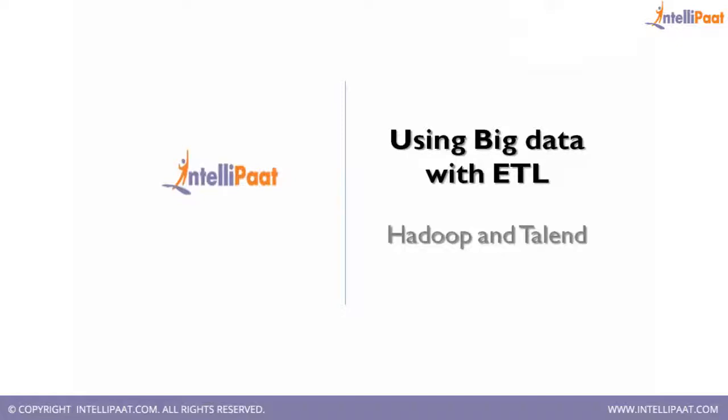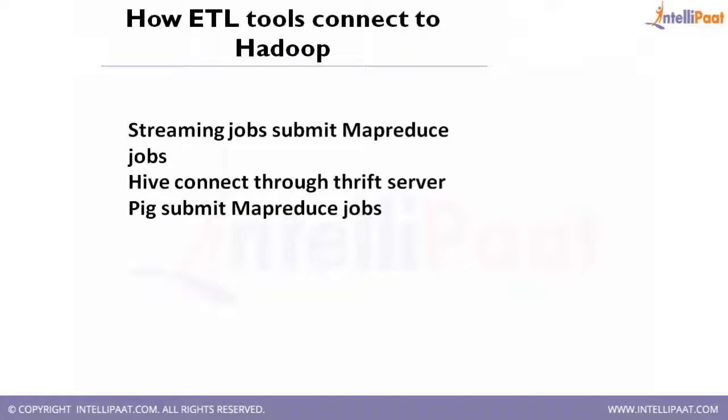So we'll move forward. How ETL tools connect to Hadoop: the ETL tool should reside somewhere, right? So say for example, you have a node in the whole cluster, or a separate node, which has connectivity to the name node and the job tracker, with Hive installed locally and Pig installed on that machine, in the client.